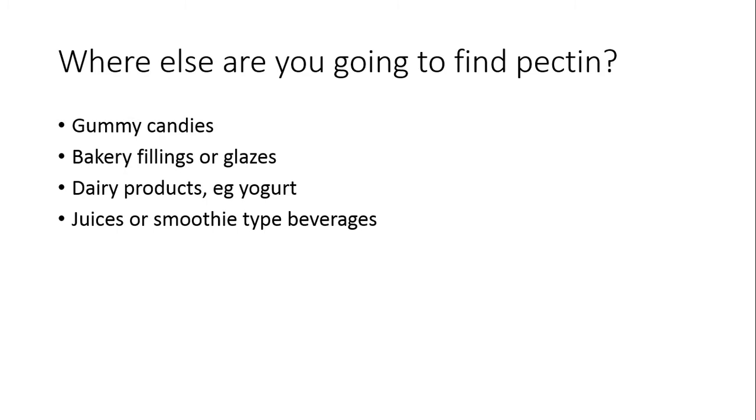Bakery fillings and glazes are often also using pectin. Think about your baking class, where you're using apricot glaze. You can make other clear glazes using pectin-based solutions. Pectin is also commonly found in yogurts and soured dairy products. So think kefir, or some of these yogurt tubes where you want a nice mouthfeel.